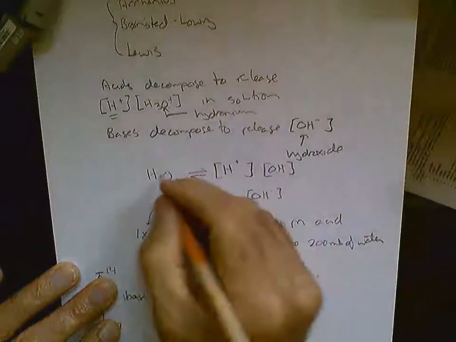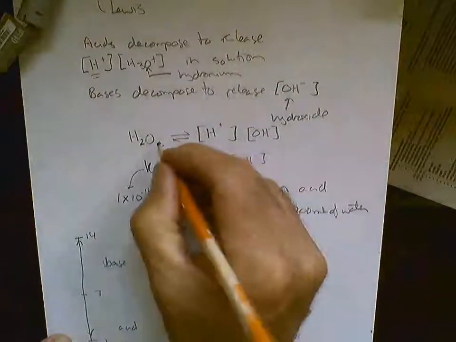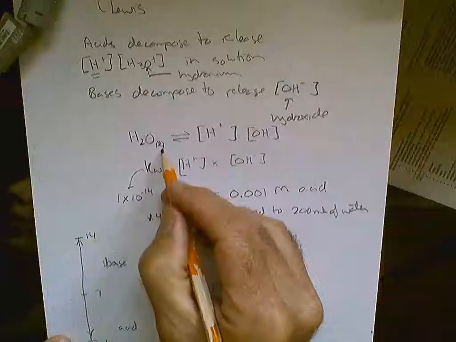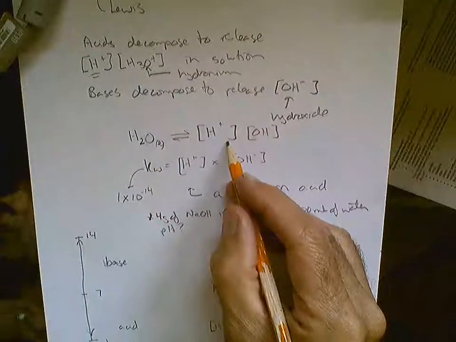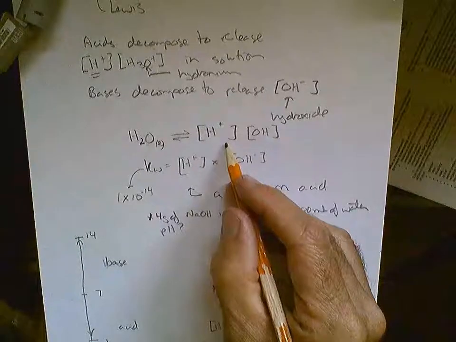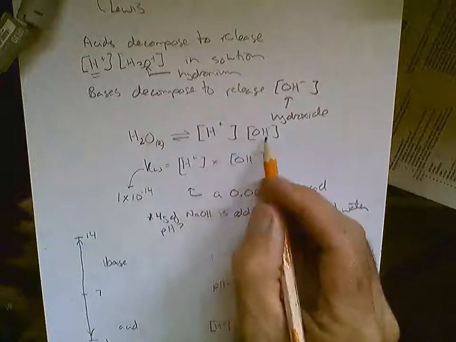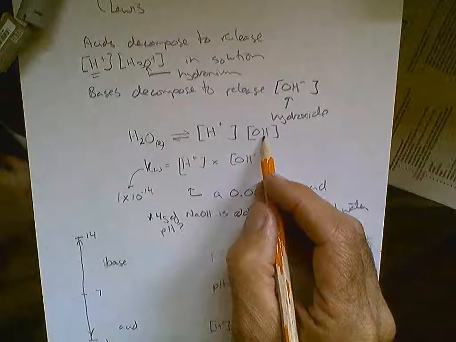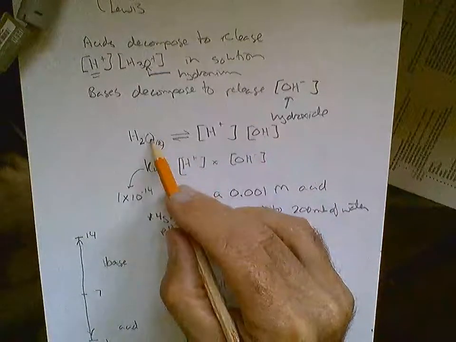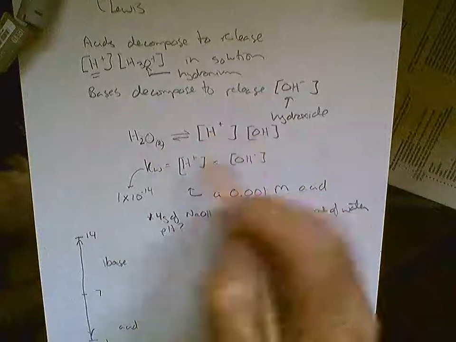So this is going to be very important, what I'm about to do. H2O breaks down. So water is a liquid and it breaks down. 1 times 10 to the negative 7 moles of H plus and OH negative ions are formed in 1 liter of water. Now that's very little of the water that breaks down, but water is in an equilibrium.